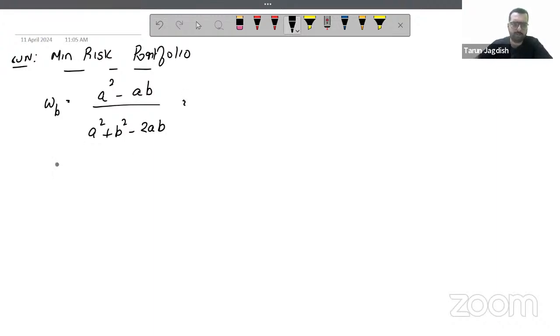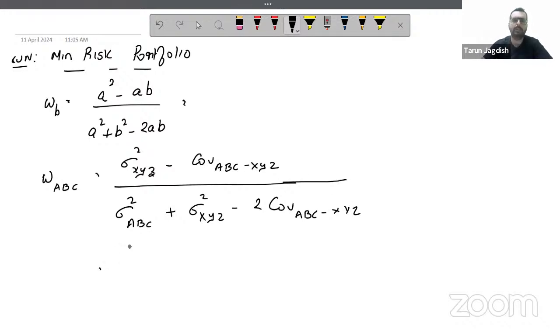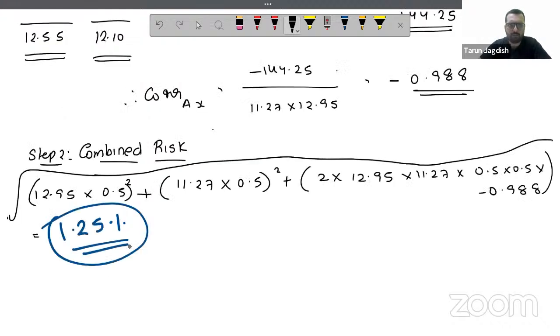Or in other words, if you're talking about the weight of ABC, I should take the variance of XYZ minus covariance of ABC and XYZ, whole divided by variance of ABC plus variance of XYZ minus 2 into covariance of ABC and XYZ. So how much is the variance of XYZ that we have to find out now?